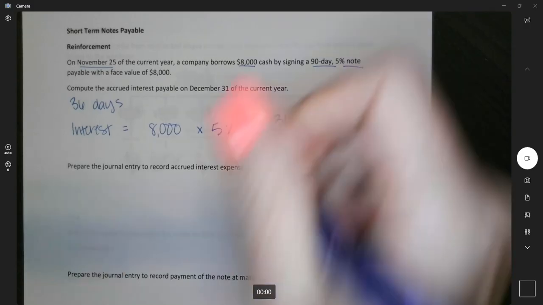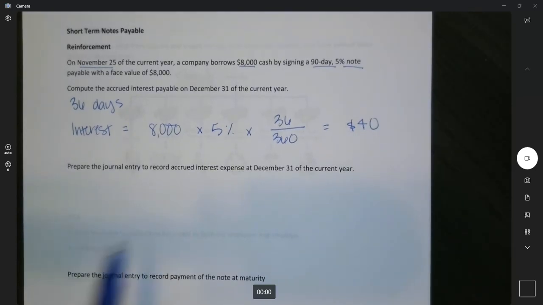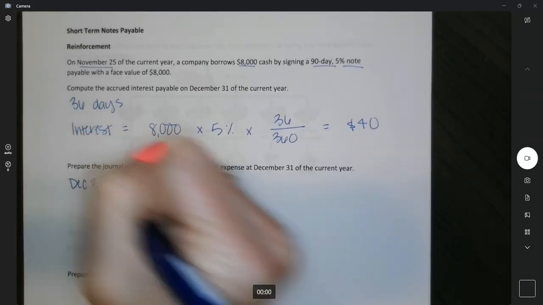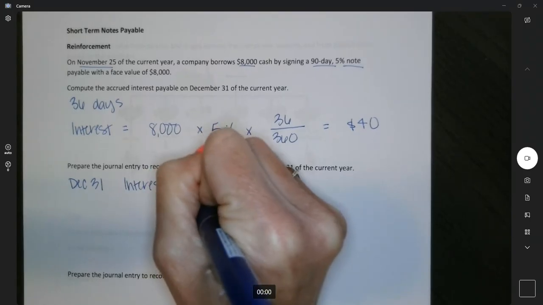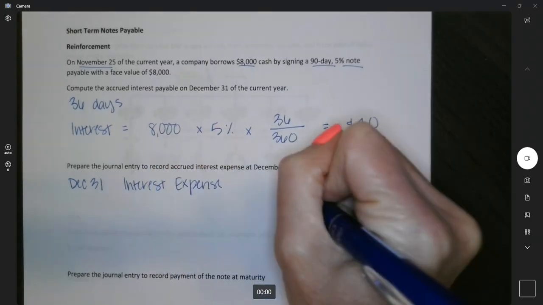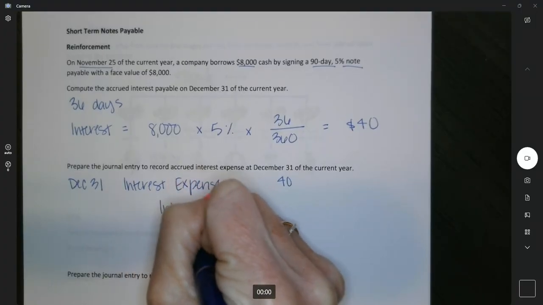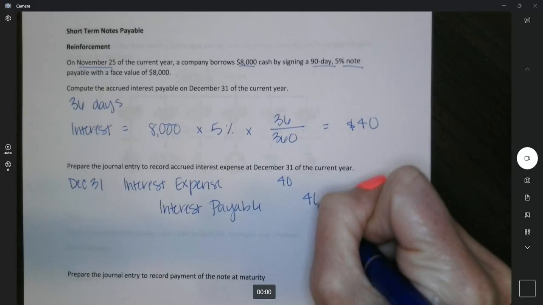So this gives us $40 in accrued interest at the end of the year. So we're going to prepare the journal entry for the accrued interest as of December 31st of the year. We're going to debit interest expense for $40, and we're going to credit interest payable that we'll pay when we pay the loan later for $40.